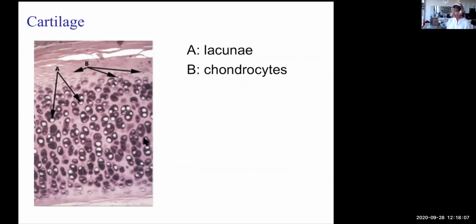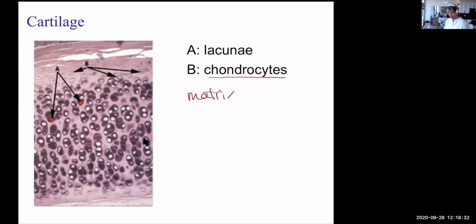Cartilage has also sparse cells called chondrocytes when they're non-functional, chondroblasts when they're functional. They are trapped in these lacunae, the cells, but they lay down a very interesting kind of matrix.